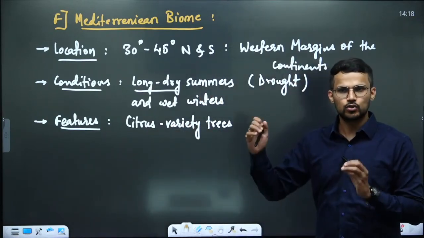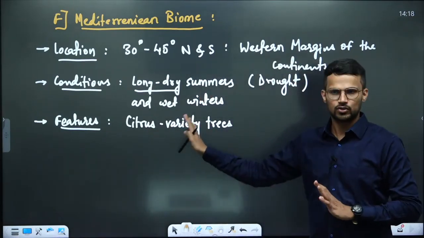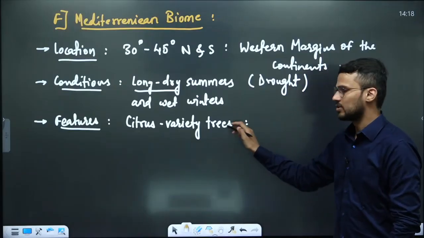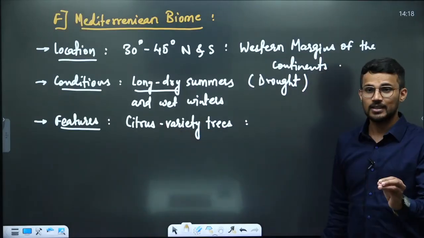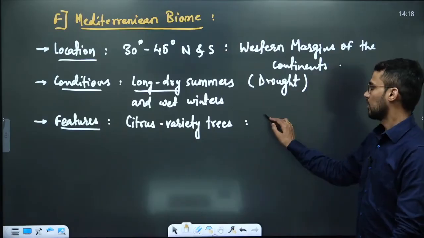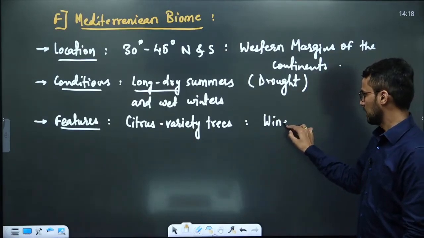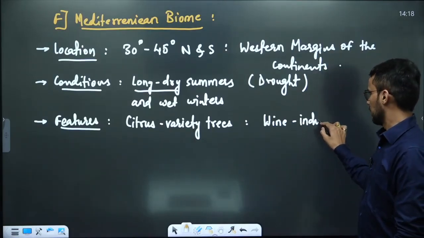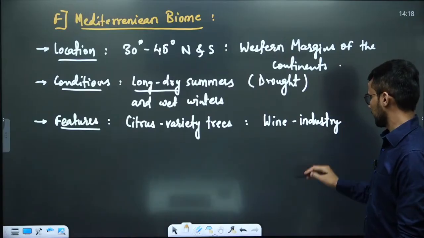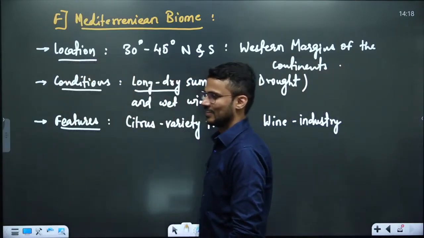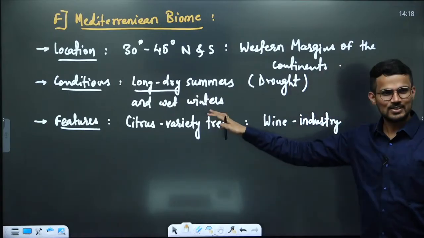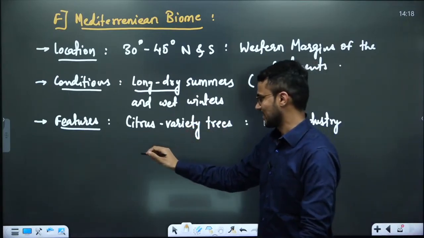Whatever variety falls in that range would be citrus. And as a result of these citrus variety trees, this area is famous for the wine industry. Wine industry. Your eyes lit up. Right? Citrus variety of trees are there.